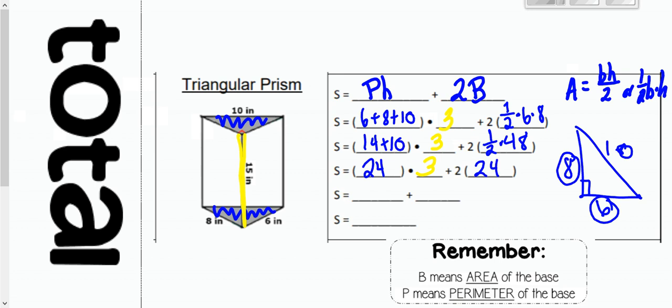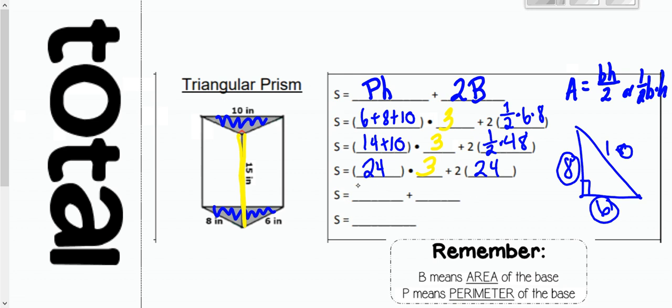Now I have 24 times 3, which is my lateral surface area, and then plus 2 times the area of my base. The area of my base is 24, and I'm multiplying by 2 because there are 2 bases.